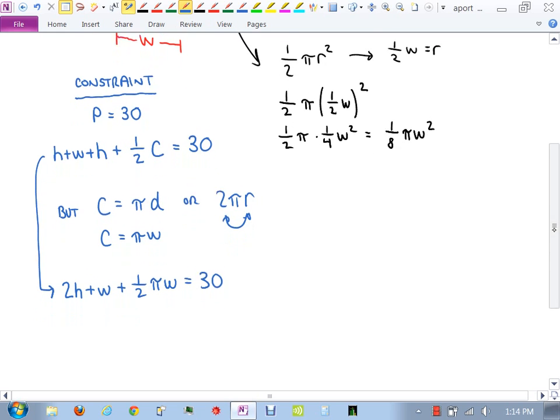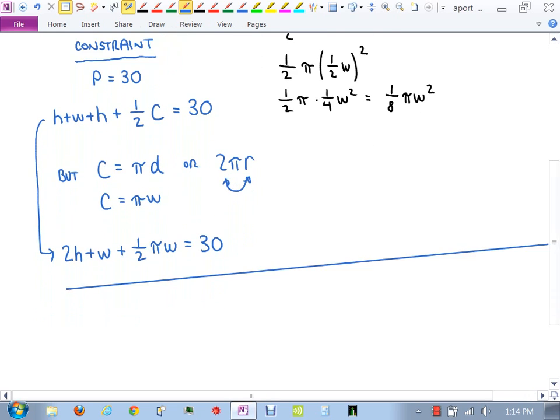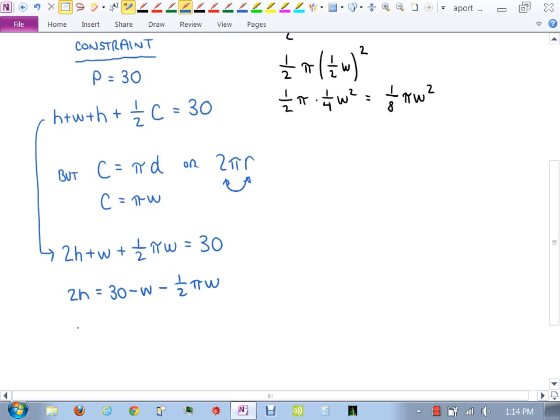Let's solve this for h. 2h equals 30 minus w minus 1/2 pi w. Divide by 2, h is 15 minus 1/2 w minus 1/4 pi w. So that's dividing every term by 2.